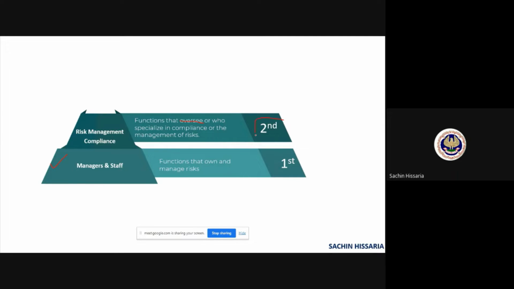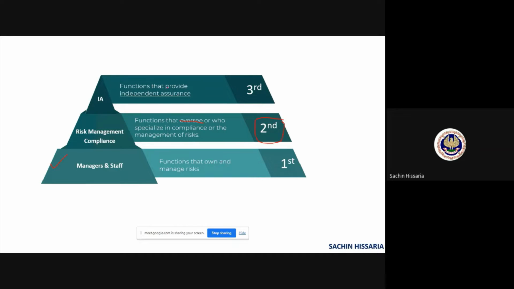They are the second line of defense. Then comes the third line of defense, which is your internal audit department, who provides independent assurance on the processes and the systems in the organization. So internal audit department is the third line of defense.